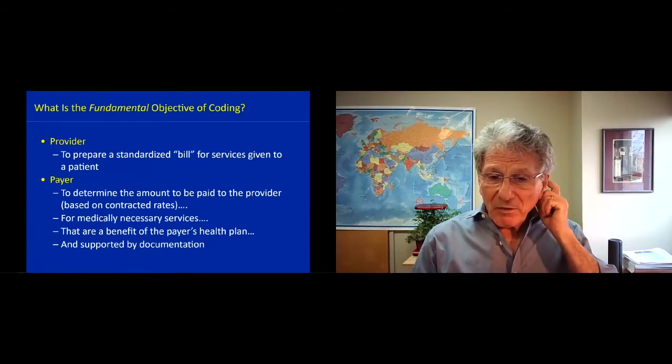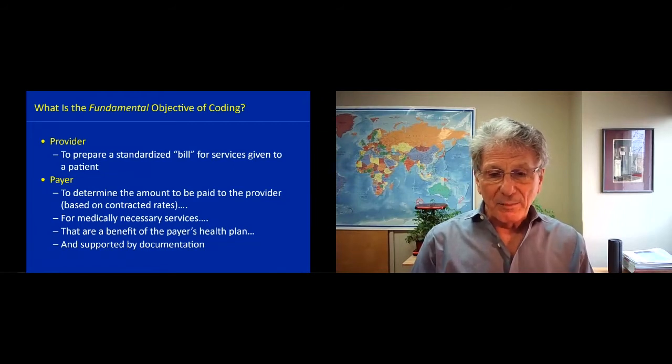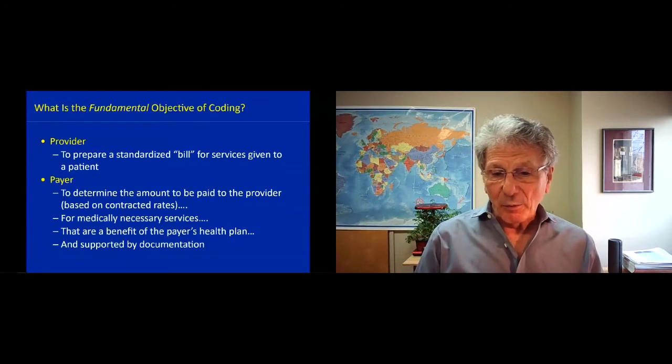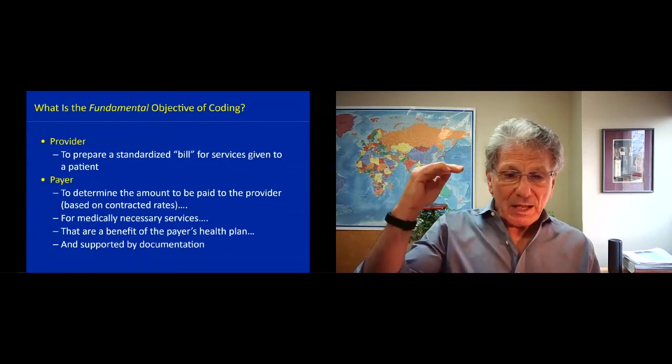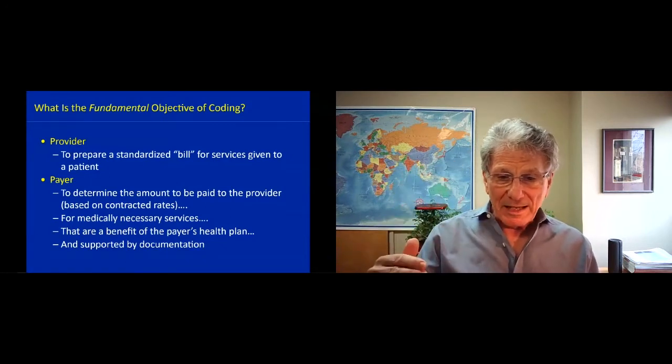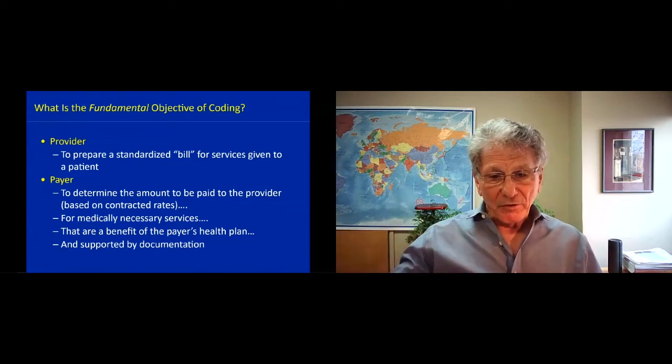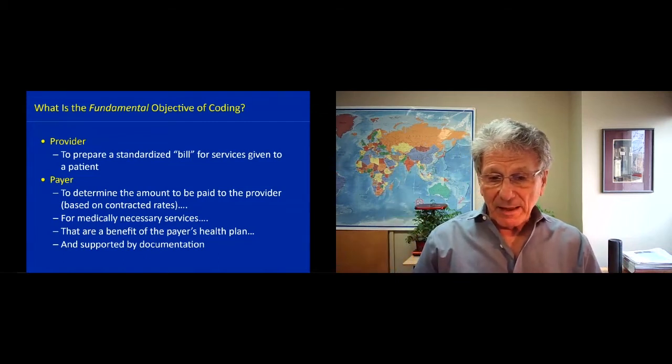Now, what the payer does with that information is a couple of things. Number one, they figure out how much to pay your program for the services that you provided. That's based on something called a rate schedule. So for every CPT code, for every E&M code with a given payer, they will pay you so much for having provided that service.